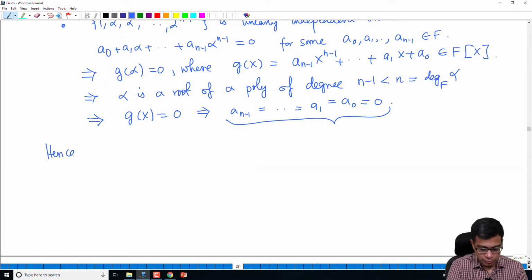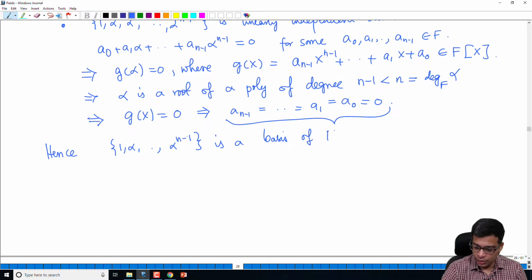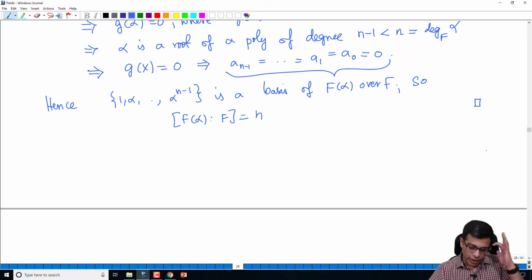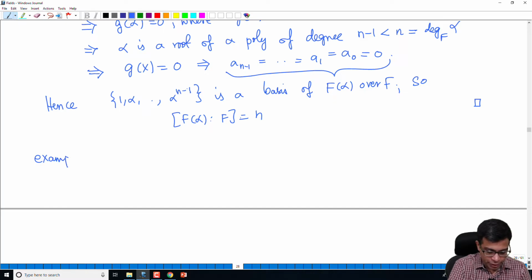Hence 1, alpha, up to alpha n minus 1 is a basis of F alpha over F. So the degree of F alpha over F is n. So this proves the theorem that I wrote, and I will now do one or two examples and corollaries to illustrate why this is such a very useful statement.